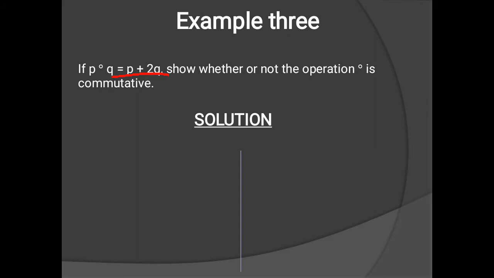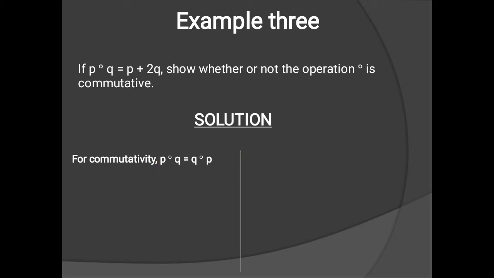For commutativity, P operation Q should be equal to Q operation P. That is, we have interchanged the positions. We are saying that for it to be commutative, if you finish solving the two, we should get the same answer. They should be equal. If they are not, then it is not commutative. If they are, then it is commutative.